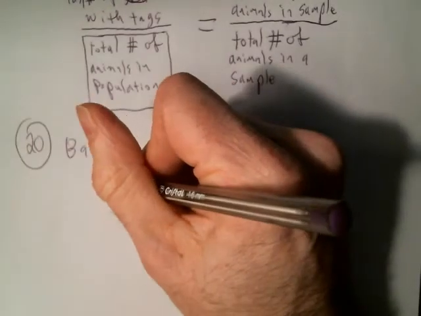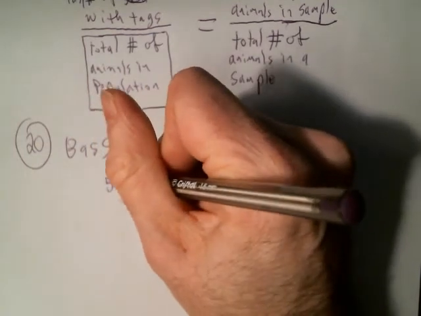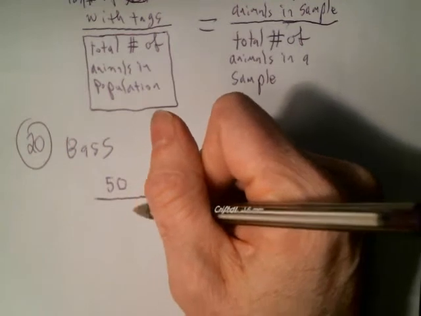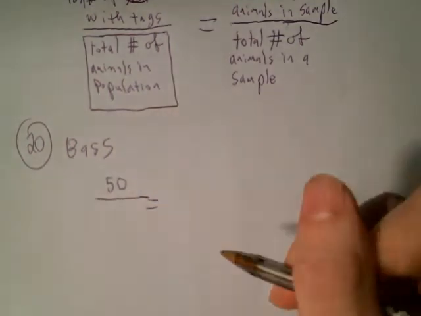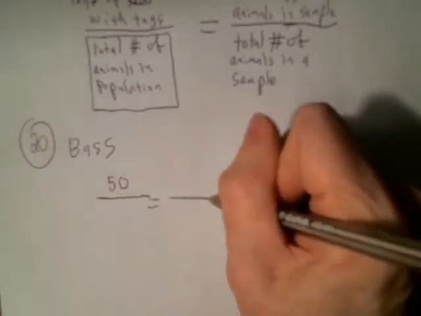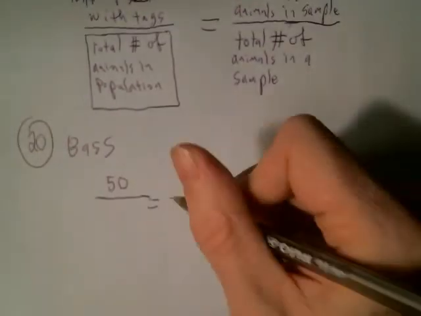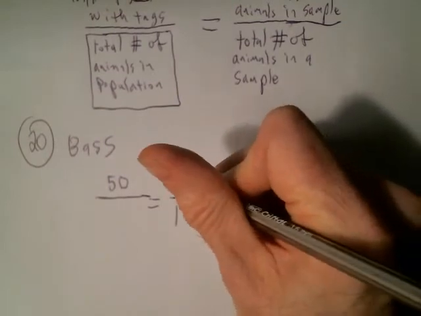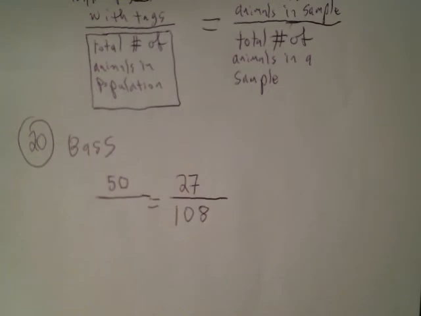Okay, so the total number of bass in the lake with tags is 50. Later, they netted 108 bass and found that 27 of those were tagged. Okay, so later, they took a sample. There were 108 bass in that sample, and then 27 of them had tags.